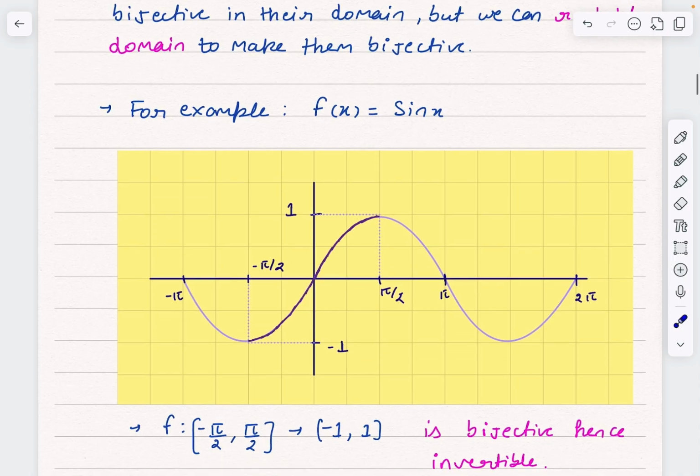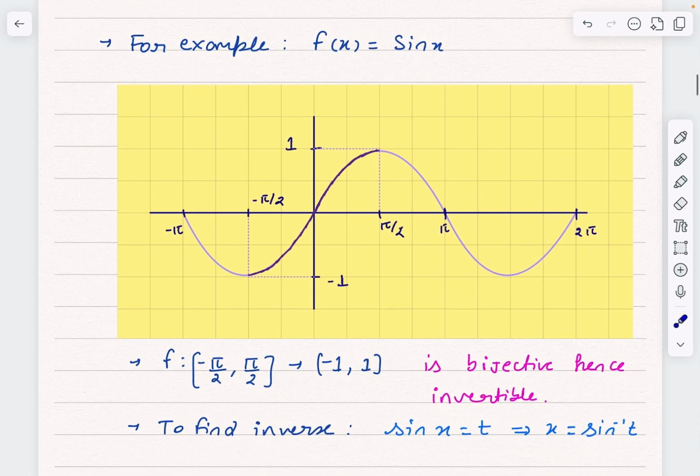But if I restrict the domain here from minus pi by 2 to plus pi by 2, in that particular domain, you will see it will be one-one also. And if I take codomain as minus 1 to 1, the range will also be minus 1 to 1. So it will be onto also. So in this interval from minus pi by 2 to pi by 2, the function will be bijective. So if it is bijective, we can find the inverse also.